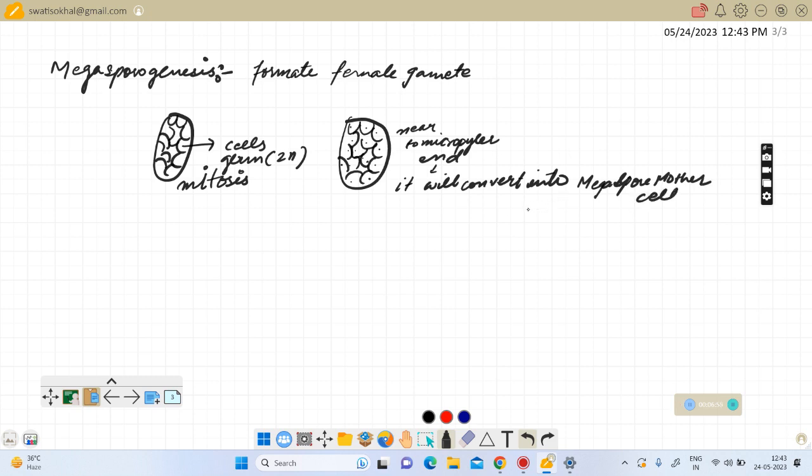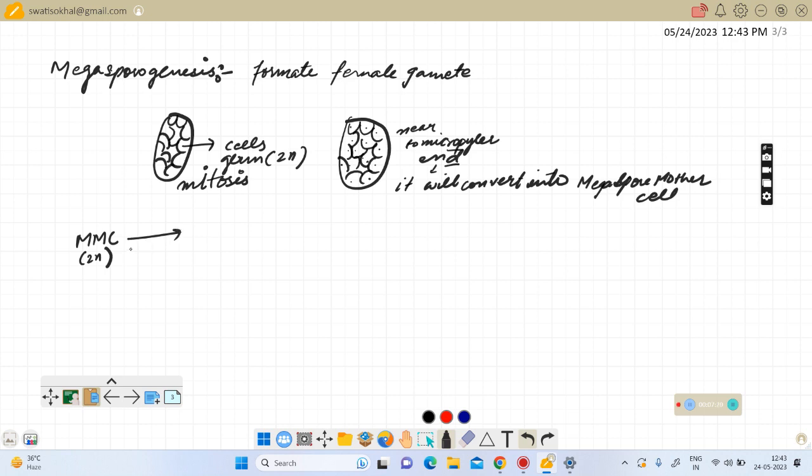Why will the cell near the micropylar end convert into the MMC? Because, beta, the pollen tube has to enter through the micropylar end. So the cell near the micropylar end is converted into the MMC and it is 2n.